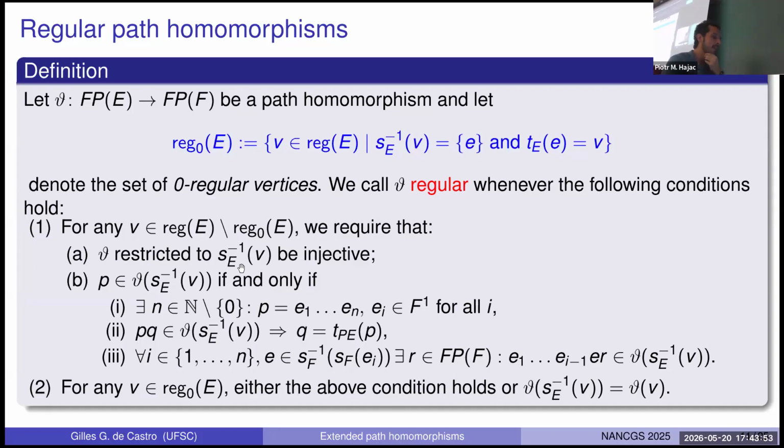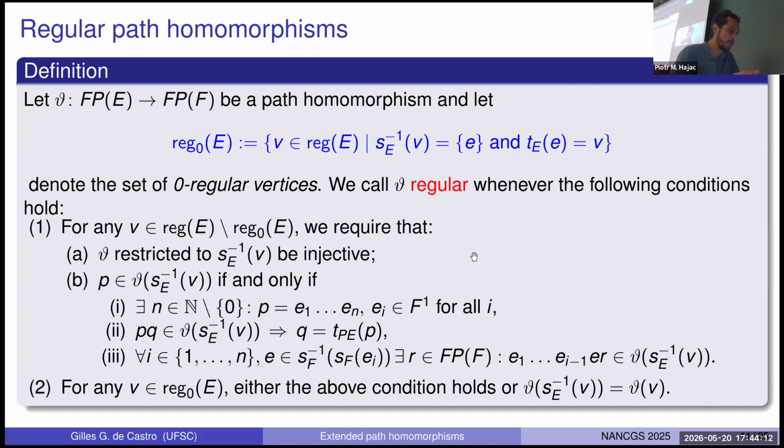So you have this restriction being injective, and then we have this condition as I said. I'm not going to go through the definition here because I'm going to talk a little bit differently about how we can see the regularity. So this is the definition of regularity that Piotr and Marius used in their paper.